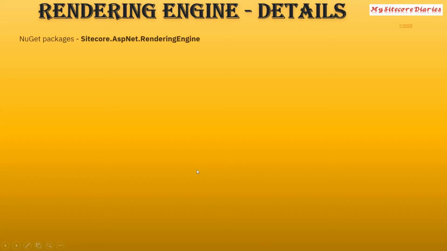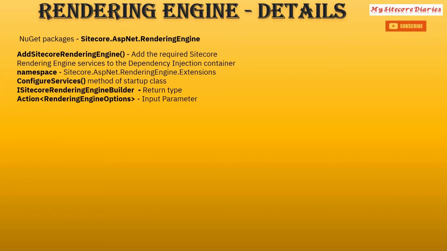First thing is the NuGet package. The NuGet package which is required for the Sitecore rendering engine is Sitecore.AspNet.RenderingEngine. Then there is something called AddSitecoreRenderingEngine. This method is required to add Sitecore rendering engine services to the dependency injection container.